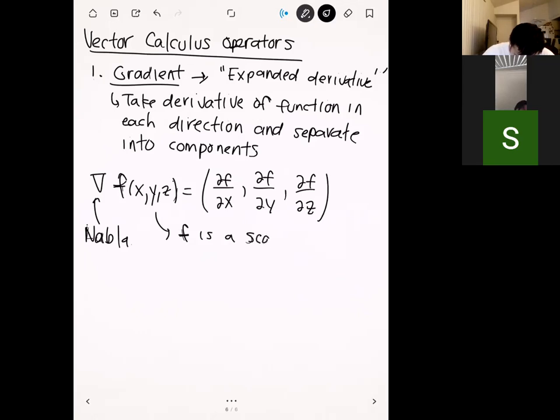This highlights one really important characteristic of the gradient: a gradient increases the dimensionality of a function.